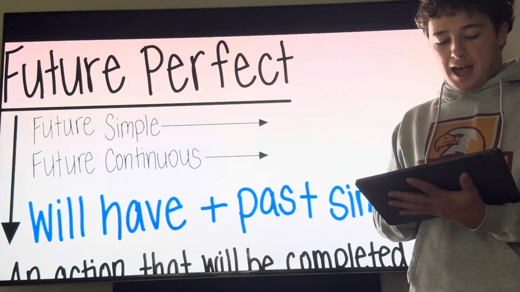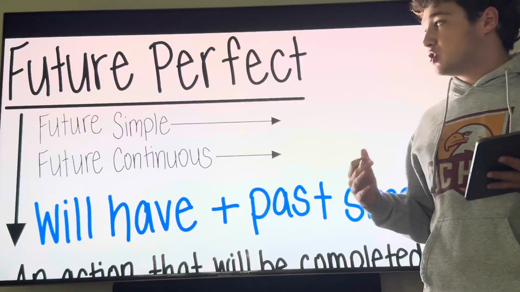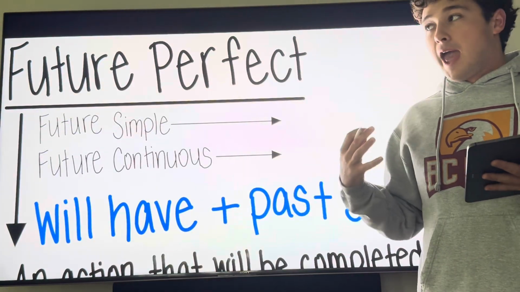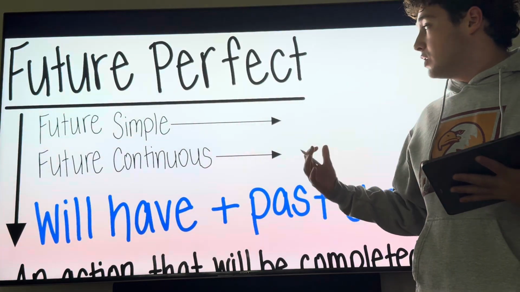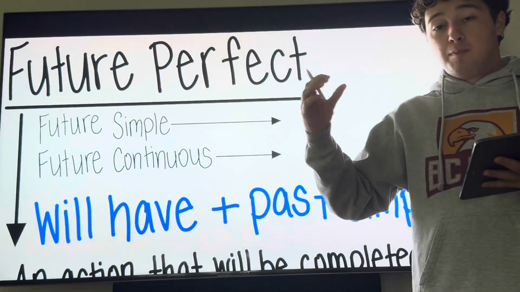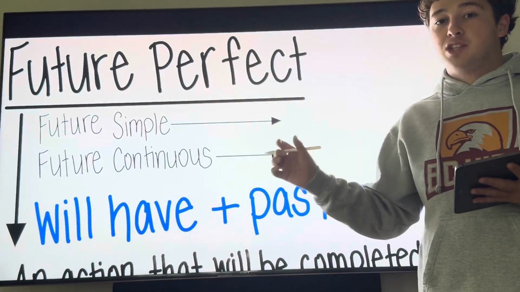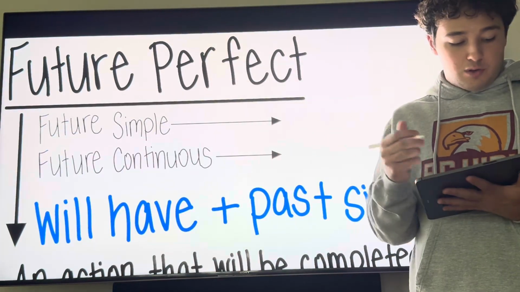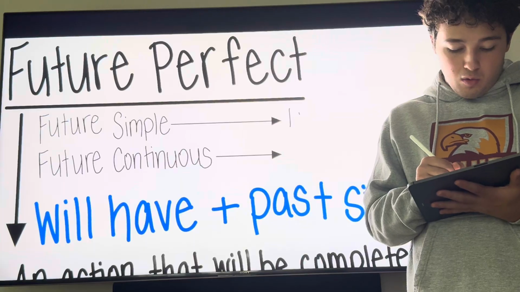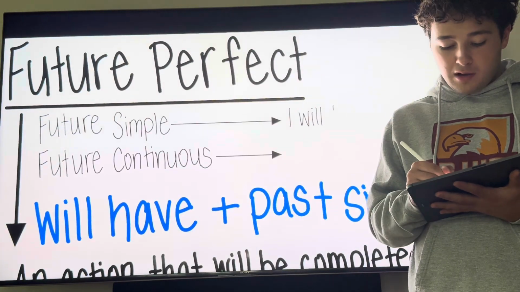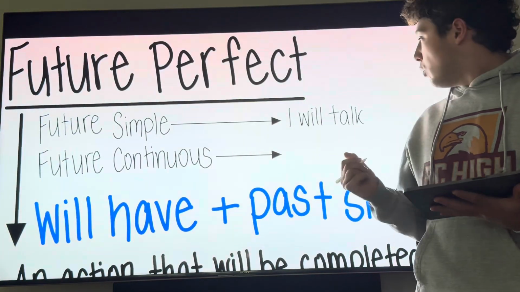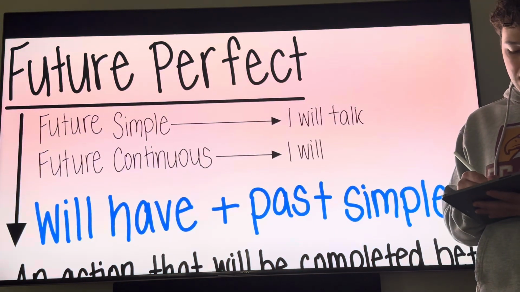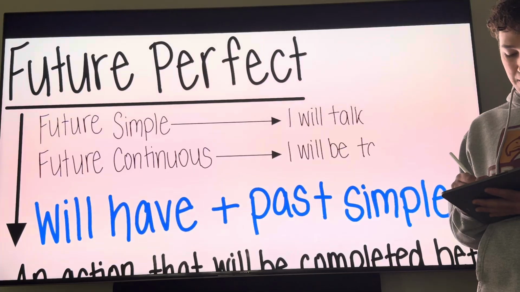So, as you remember, the future simple was just I will, you will, and then a verb. And the future continuous was I will be, the verb, and then ing. So if we were to use, for example, to talk, the future simple would say I will talk, while the future continuous would say I will be talking.